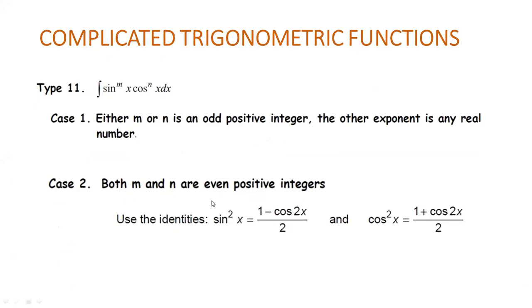So if both are even, you have to use the same identities that were presented to you in type 1, wherein you're only provided with a sine or a cosine in your integral. In the case of case 1, you have to set aside one sine or cosine expression here, and the remaining sine or cosine, whichever applies, is multiplied to that set aside cosine or sine.